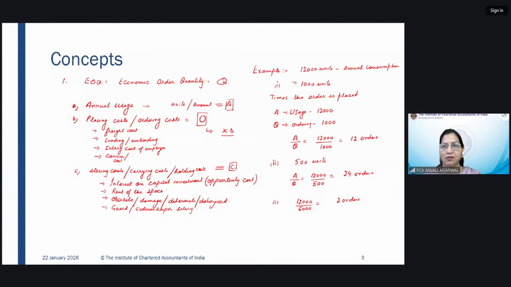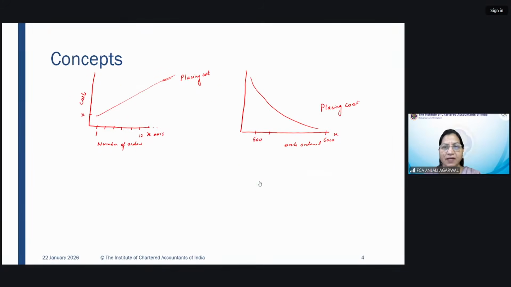Just like placing cost, which goes up with the number of orders, the storing cost. Yes, Maithili, you have a question? Why, ma'am, is that graph not linear? It feels like y is equal to mx plus c. That's what I'm saying, it is not necessarily linear. It may be linear, it may not be. That depends upon when you go for multiple orders.